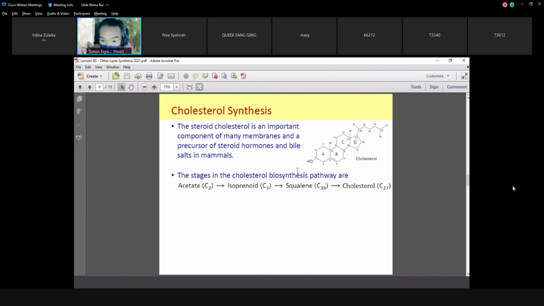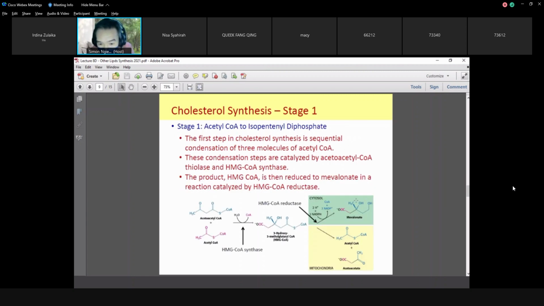Two of these 15 molecules come together to give rise to 30. With some modification, involving many complicated steps in between, it eventually gives rise to cholesterol of C27.